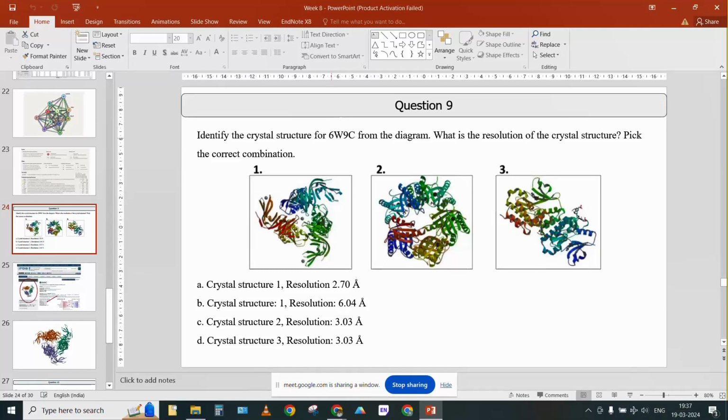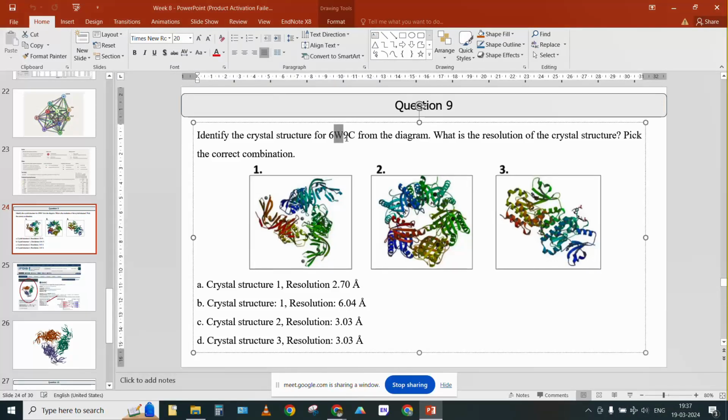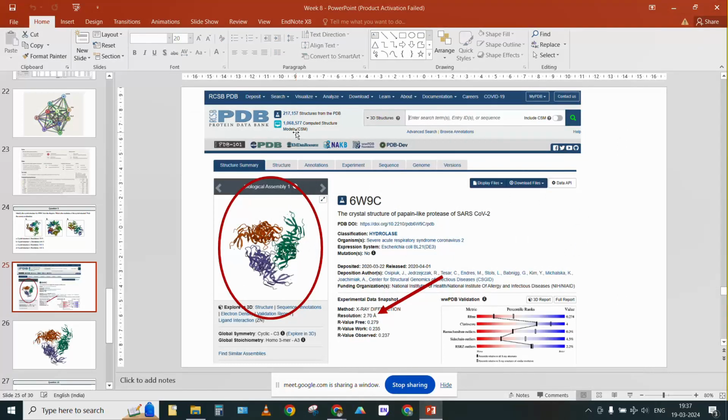We just have to copy this crystal structure name, 6W9C, and paste it in the PDB website, called Protein Data Bank, and then we'll get results like this. There you can get the crystal structure for the same code and the resolution for the same code.